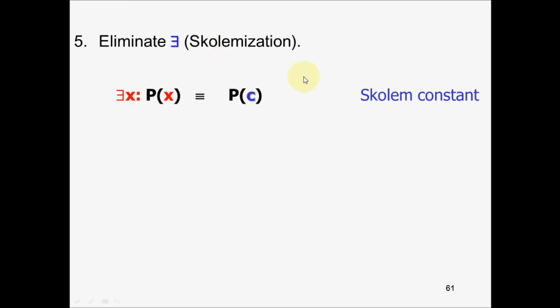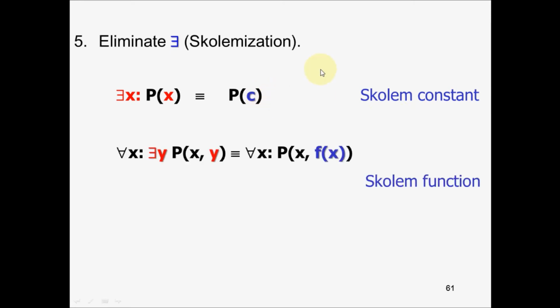So substituting one particular valid value that x can take, okay, and then removing x itself, this is called as Skolem constant. So c is a Skolem constant. Okay, I will also show an example after this. It will become more clear. Okay, now sometimes substituting this Skolem constant may not be helpful.